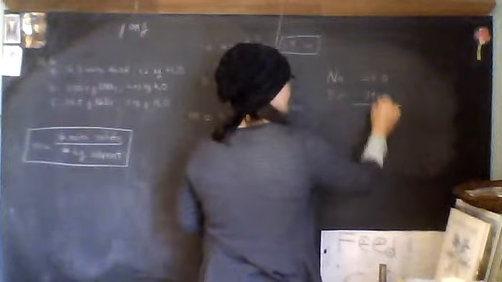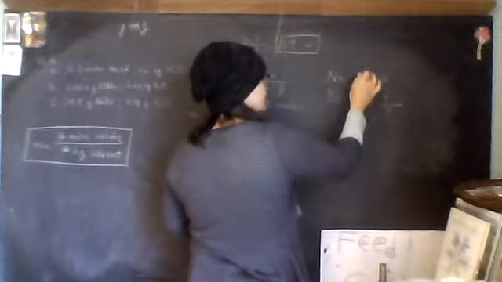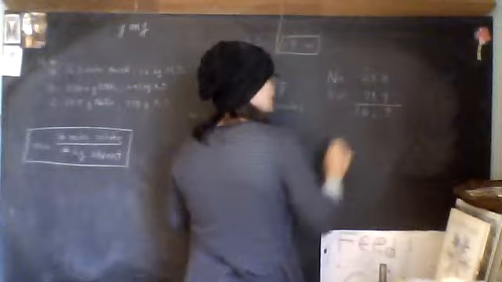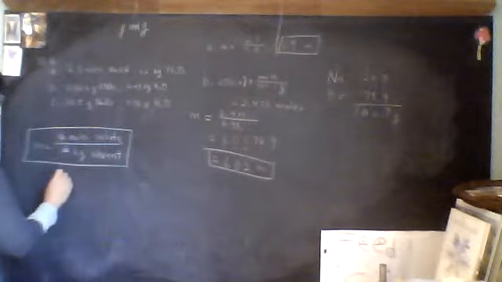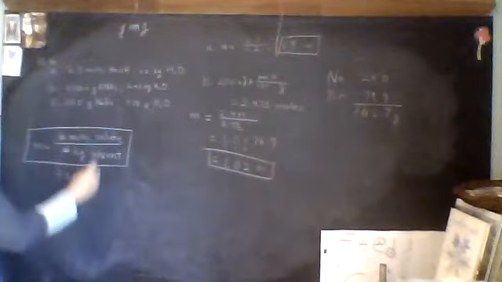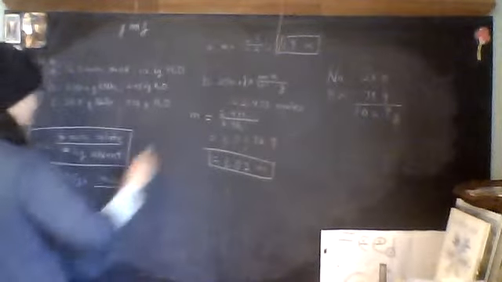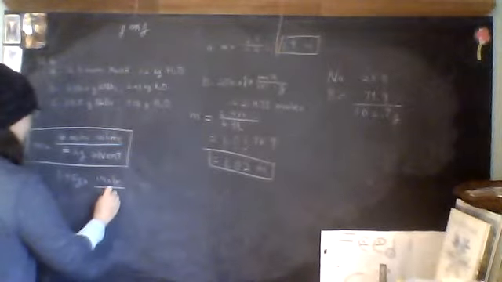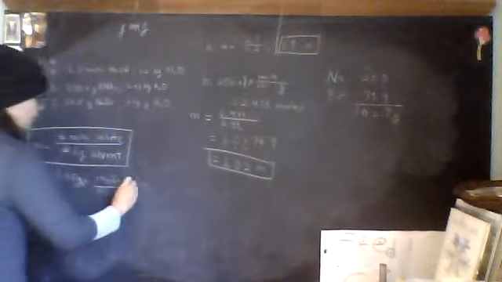I add that up and it's 102.9 grams per mole. So I have 34.5 grams, and I'm going to multiply this by 1 mole per 102.9 grams. Grams cancel, and I'll end up with the correct number of moles.